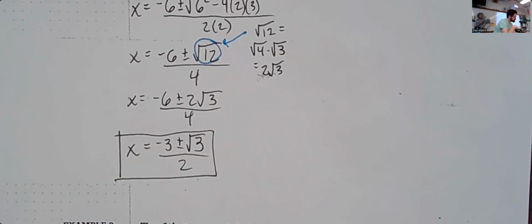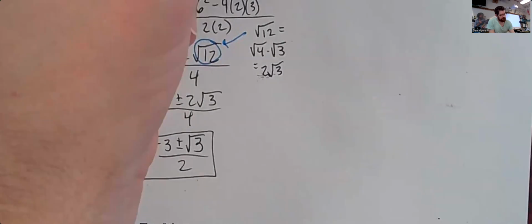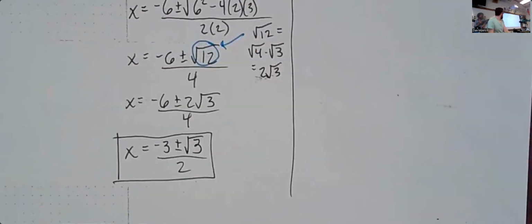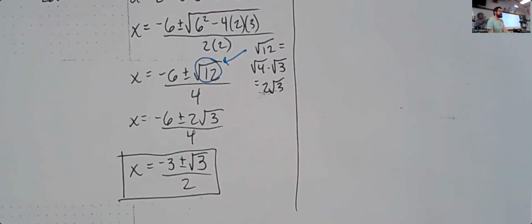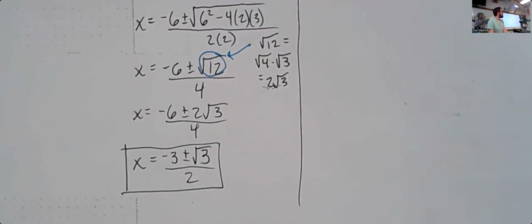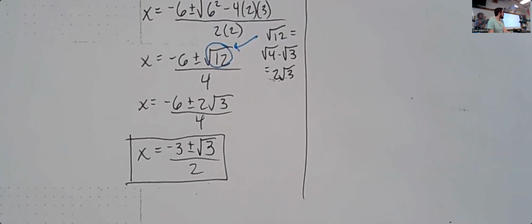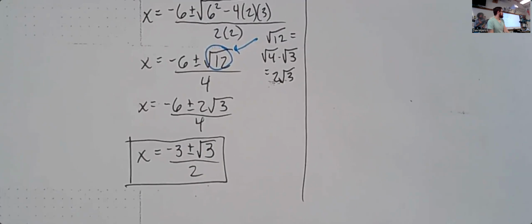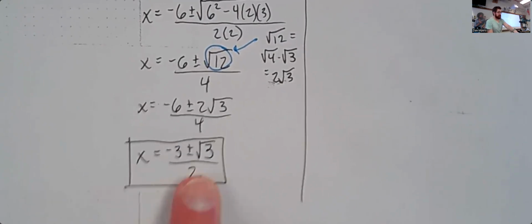All right. Let's try the next one. So any questions here before we go to number 2? Or part B, I should say. So as a fraction, that's all we need to do.